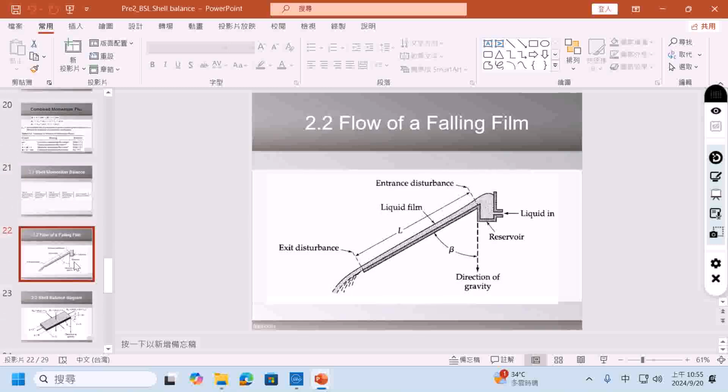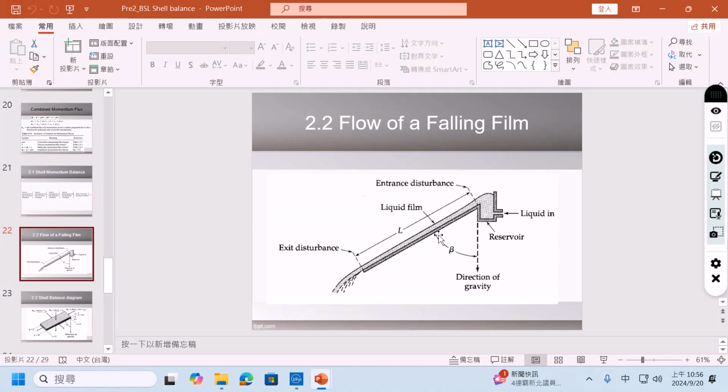So next week we will try to deal with the Chopin's example. So it has a liquid continuously flowing here, and then we have a ramp. So the liquid will go down the ramp.